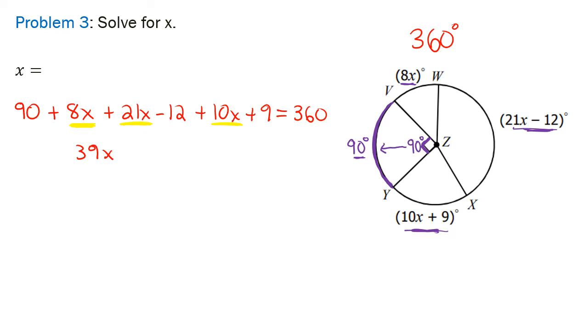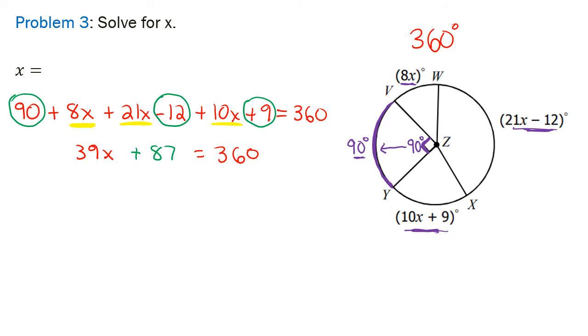Then I'm going to go ahead, I'm going to combine the 90, the minus 12, and the 9. So 90 minus 12 plus 9 is 87. That all equals that 360. I'm just going to solve that much smaller problem now.